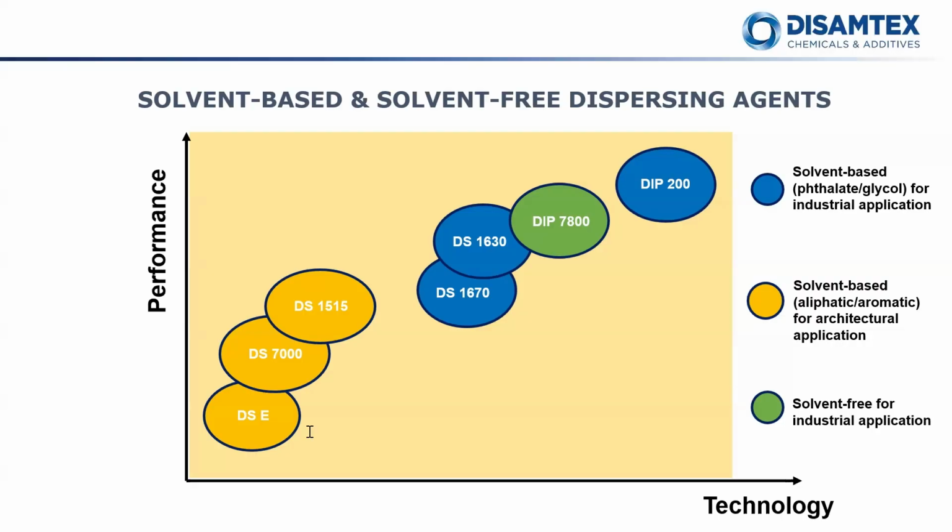Blue bubbles represent solvent-based dispersants for industrial applications, delivering higher performance for demanding systems. And the green bubble, DIP 7800, highlights solvent-free technology, combining high performance with improved sustainability. So overall, it illustrates Disamtex's portfolio evolution from traditional solvents to high performance solvent-free solutions.